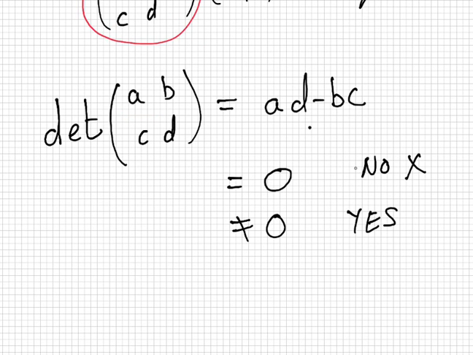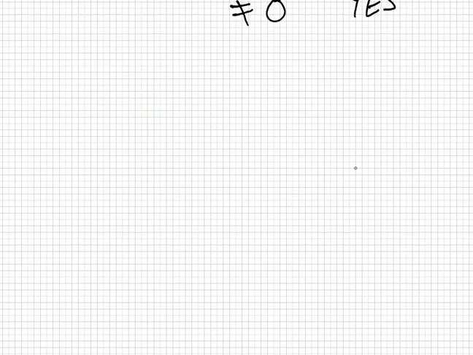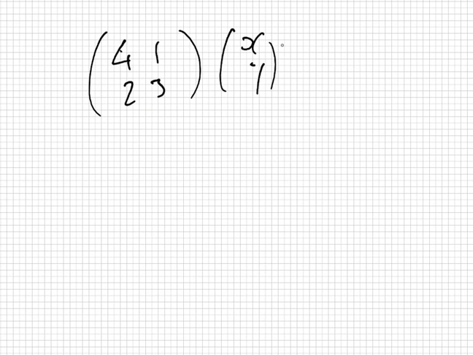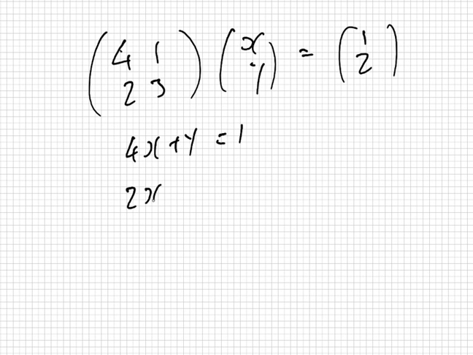Let me give you an example. So, if I go down, 4, 1, 2, 3, xy equals 1, 2. You can write that also as 4x plus y equals 1 and 2x plus 3y equals 2. They're the same. Now, I want to check if this has an answer.